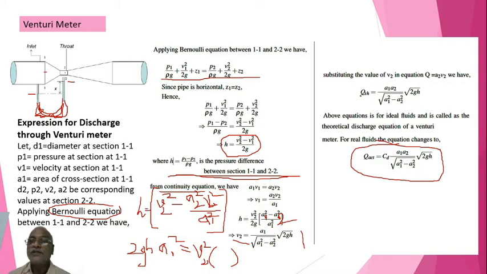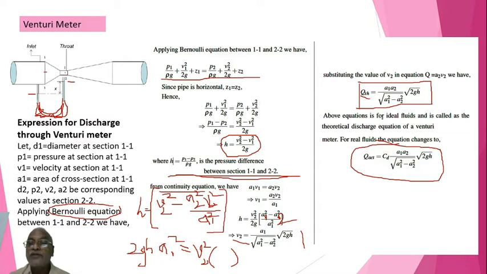So this is the theoretical equation for calculating discharge through a Venturimeter. But there will be some pressure and energy drop between sections 1 and 2, so this value will be slightly more compared to the actual value. To match it to the actual value, there is a multiplier known as the coefficient of discharge.